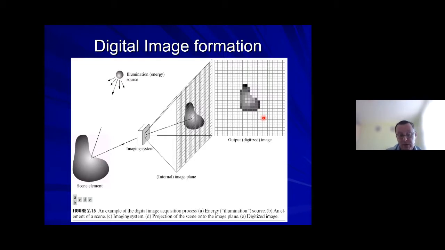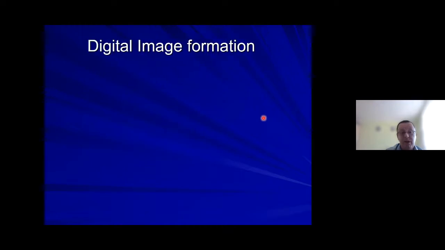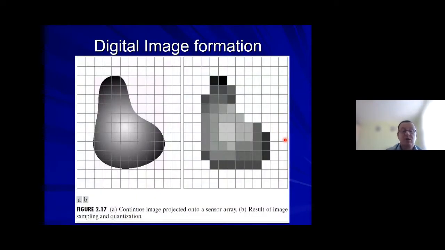And here an important point is that when we talk about creating a digital image, the first demand is to have a sensor array, and the size of the sensor array must be enough to produce a digital image of the required quality.